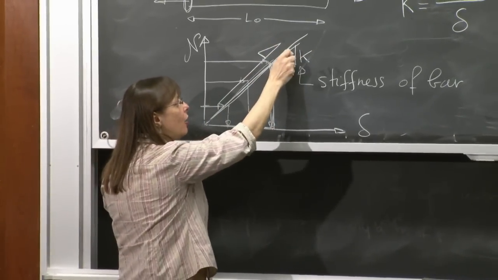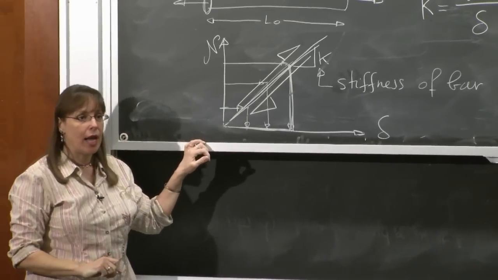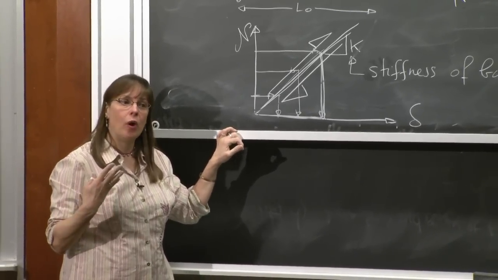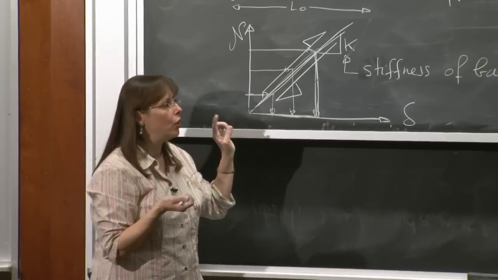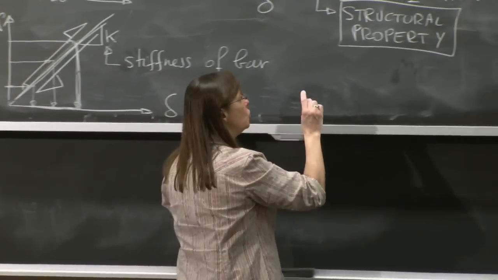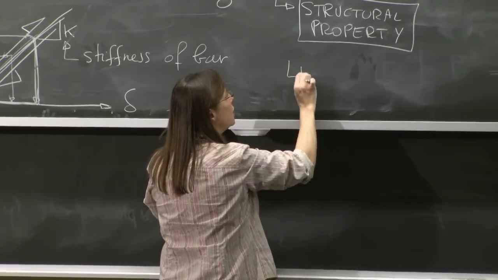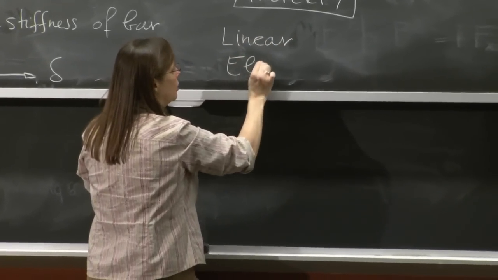If I come down and I unload, I come down exactly the same way. That's what elastic means. Elastic means what I put in, I get out. So in 201, we're only going to do structural properties and structural materials which are linear and elastic.